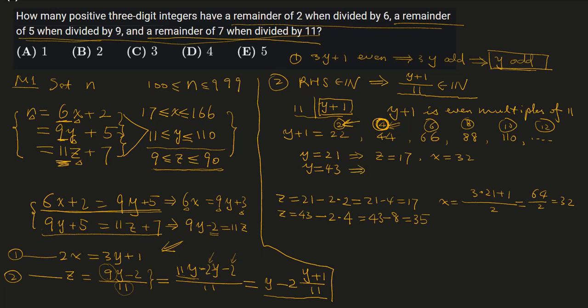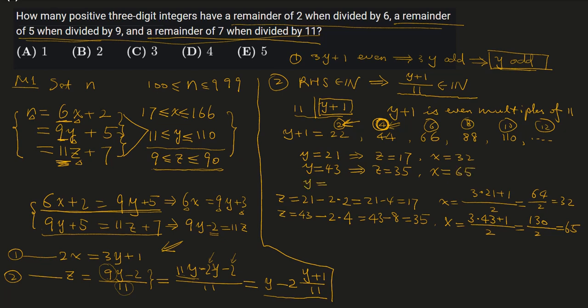So this implies z equals 35. And how about x? X equals 3 times 43 plus 1 divided by 2. So the numerator gives 3 times 43, that's 129, plus 1, that's 130, divided by 2, that equals 65. So x equals 65. Let's continue.